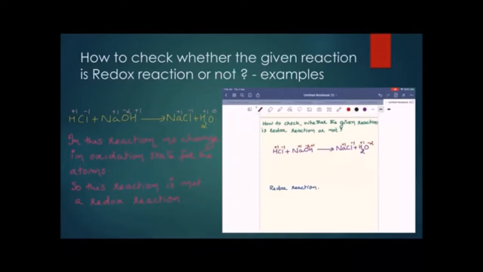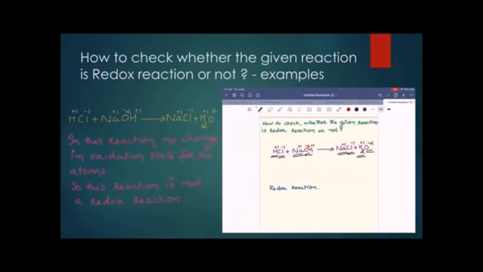We are going to check whether any oxidation or reduction happens. Is there any species which got a higher oxidation state in this reaction? Hydrogen +1, on the right side also, hydrogen +1, there is no change in the oxidation state of hydrogen. Chlorine, Cl-, there is no change in the oxidation state of chlorine. Sodium, no change. Oxygen, no change. So there is no change in the oxidation state of atoms which took part in this chemical reaction.